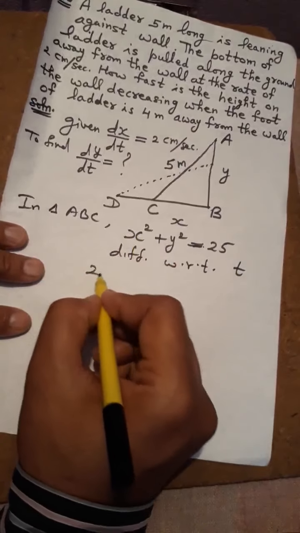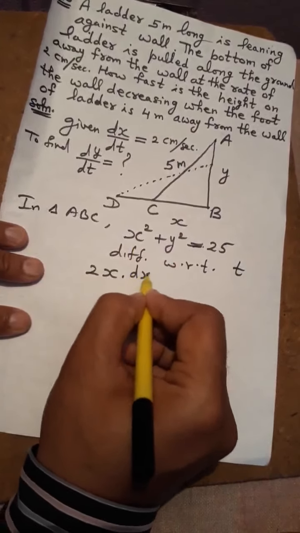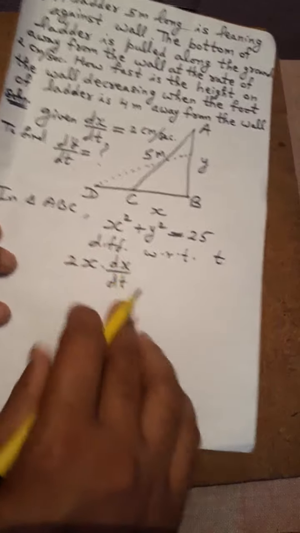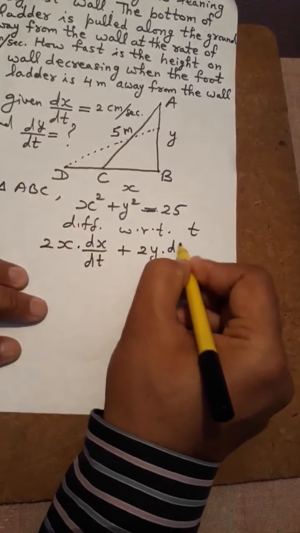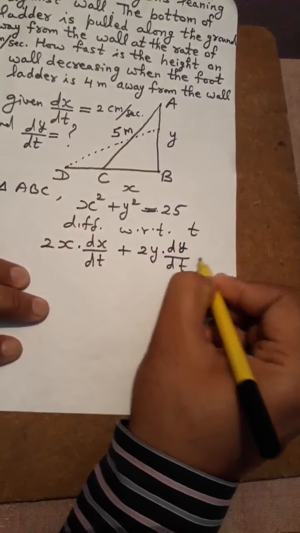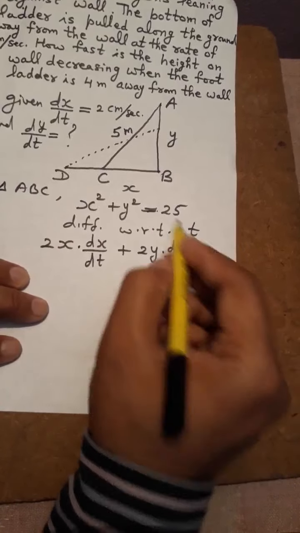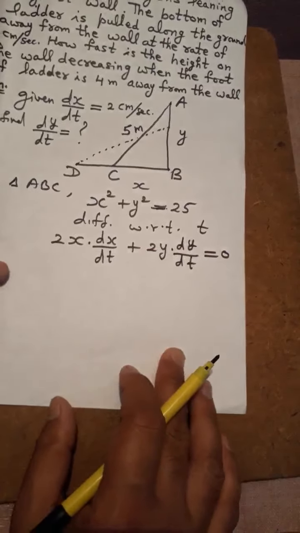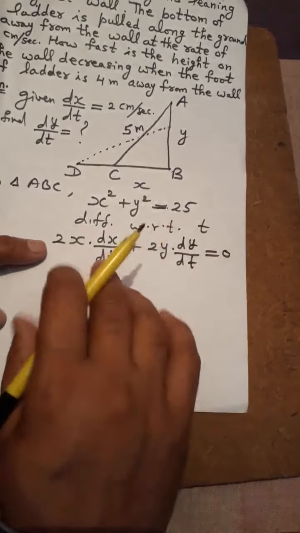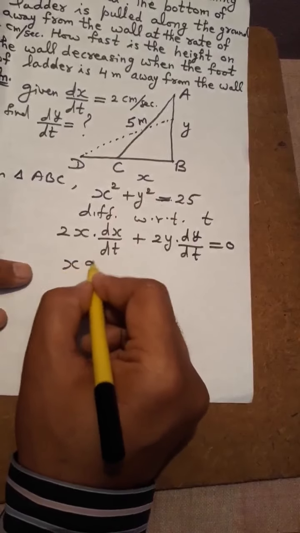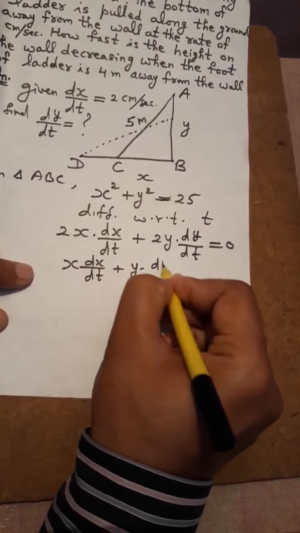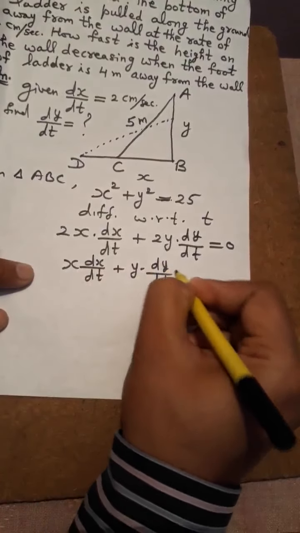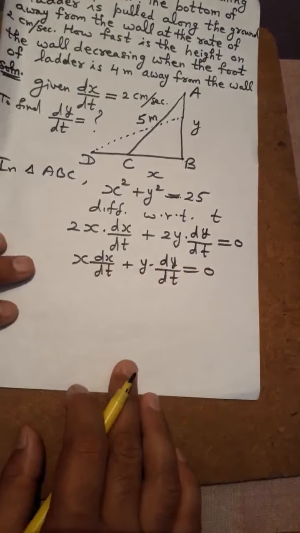So we have 2x into dx by dt plus 2y into dy over dt, equal to 0 because the derivative of a constant is 0. 2 is common and cancelled out, so we have x into dx by dt plus y into dy by dt equal to 0.